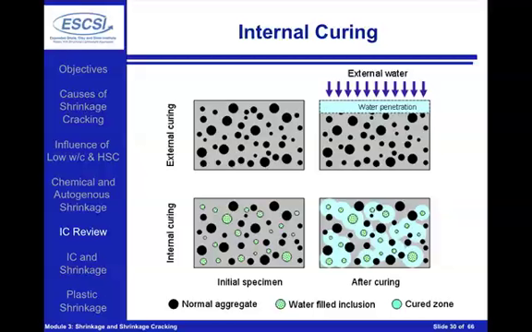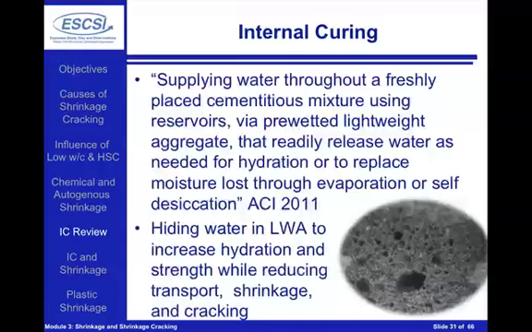In addition, what we want to try to do is get enough aggregate into the system that we get them closely enough spaced that these particles are so close to each other that we can get water from the aggregate into the paste. So typically what we want to try to do is have the particles spaced about every 2 millimeters. We want to have a ring of paste that's protected by each one of those aggregates.